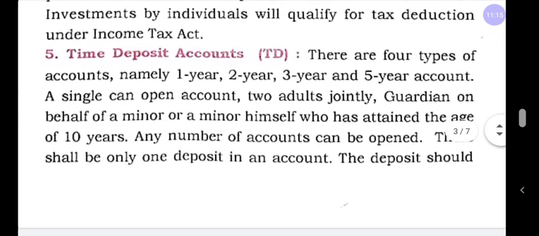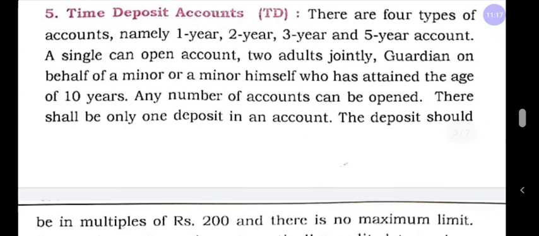And time deposit or term deposit means you deposit some amount for a period of time. It may be 1 year, 2 years, 3 years, 5 years. After completing the maturity period, you will get an extra amount. That amount is called interest.